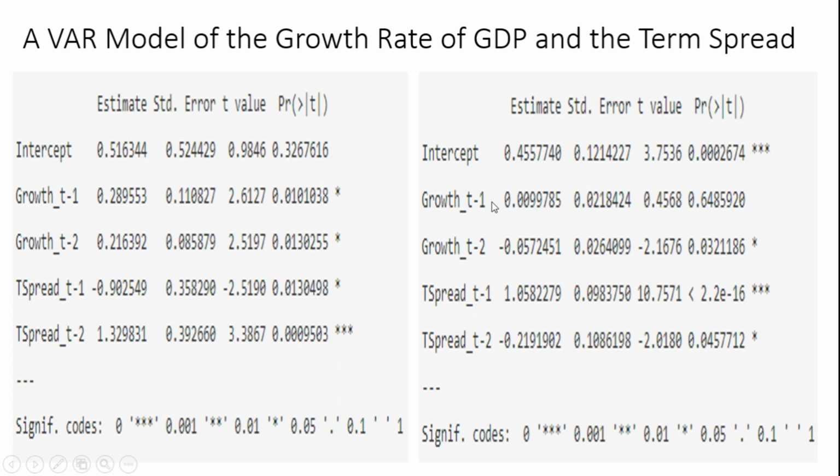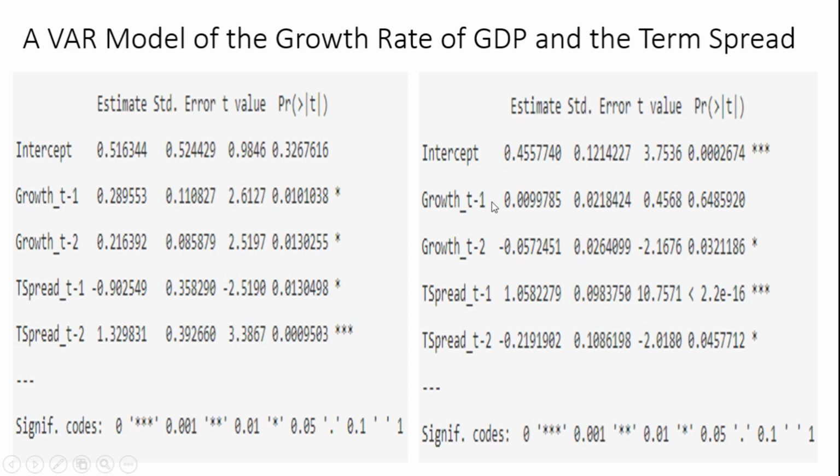So the only variable significant at the 5% and 1% level is the lag term spread, and the coefficient is 0.5, which means that when the lag term spread increases by 1%, the term spread of the following period increases by almost 1%, almost the same rate.